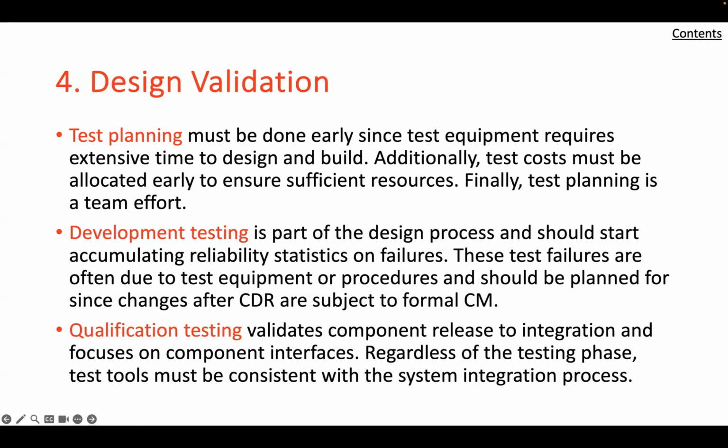First, the required test equipment is often complex and requires a time to design and build comparable to that required for the system components themselves. Second, the cost of the test tools usually represents a very significant fraction of the system development cost and must be provided for in the total cost equation.